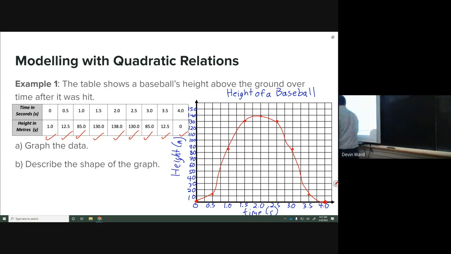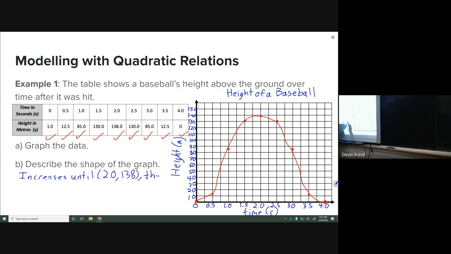Okay. So the shape. Describe the shape of the graph. If you just want to put it beside the graph, you can say that it increases or inclines. So increases until, what was it, 2 seconds is the max? Until 2.0, 138.